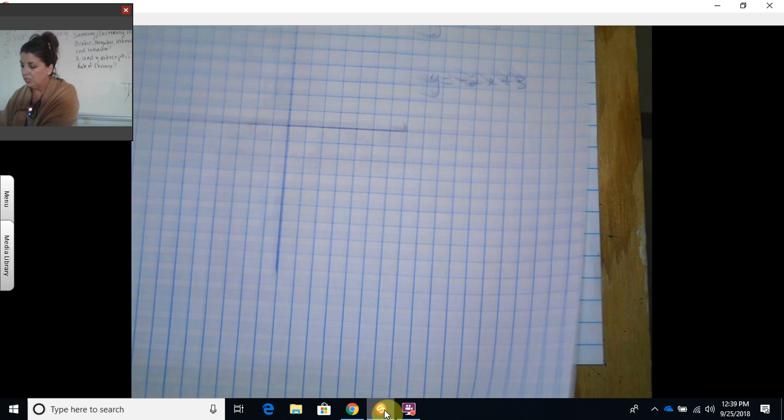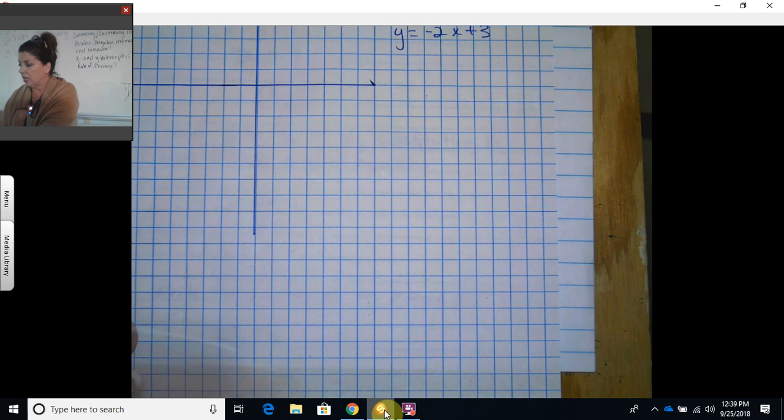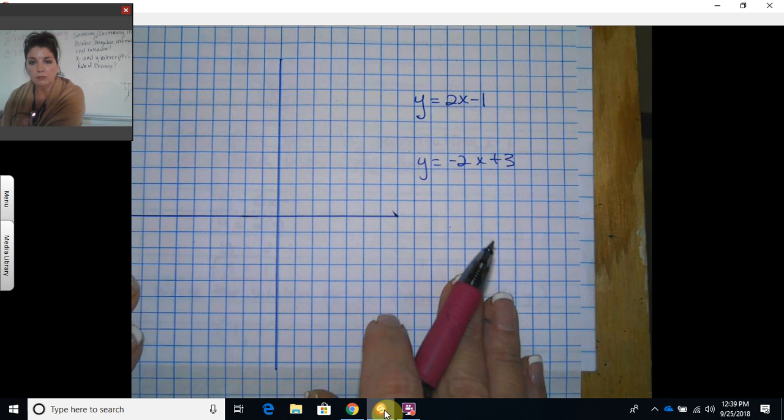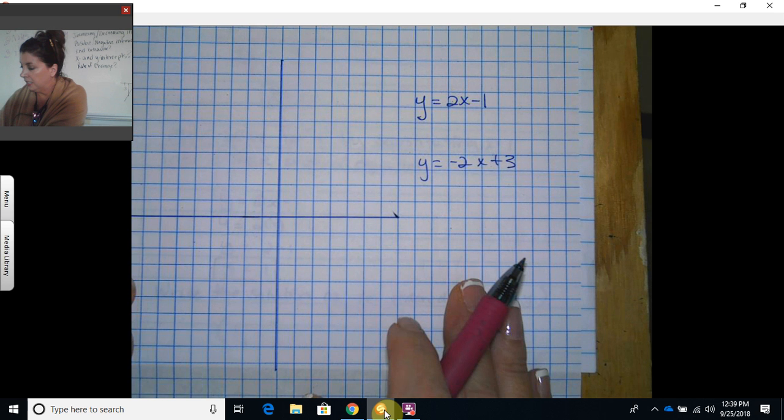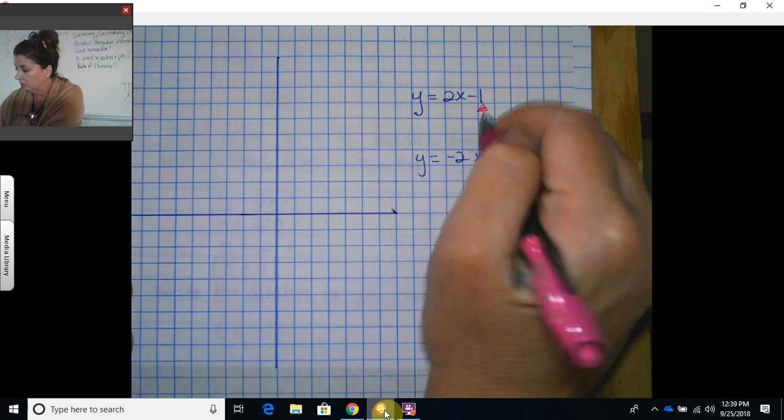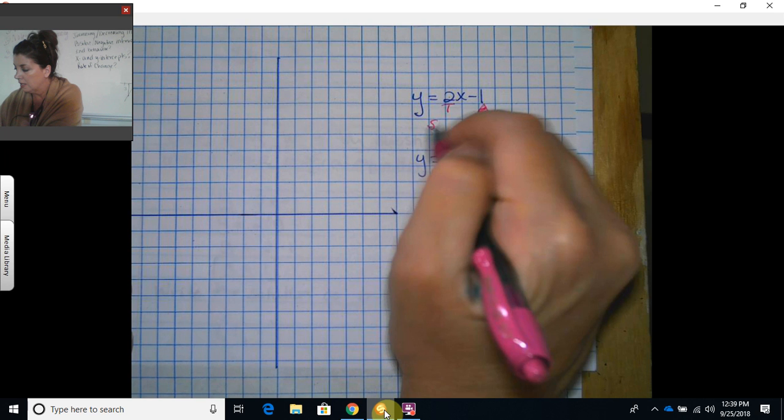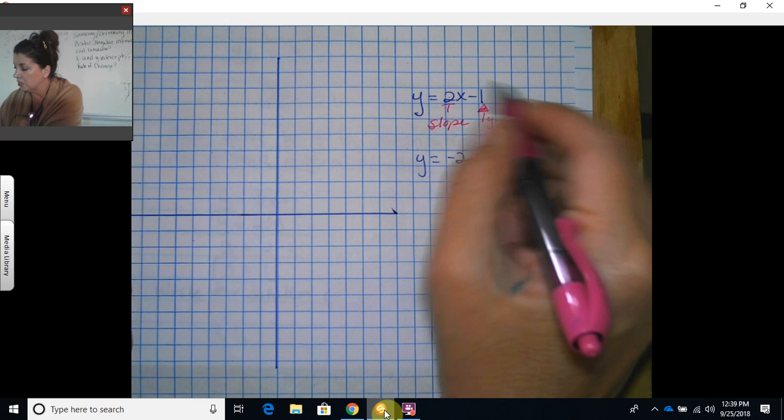So on that first equation, on that top equation, what's my y-intercept? Negative 1. And what is the slope? 2 over 1, right? Rise of 2, a run of 1. So you plot your y-intercept first. So on the y-axis, go down to negative 1.